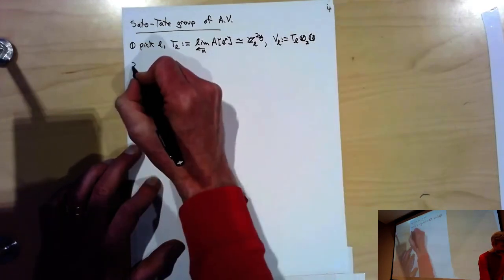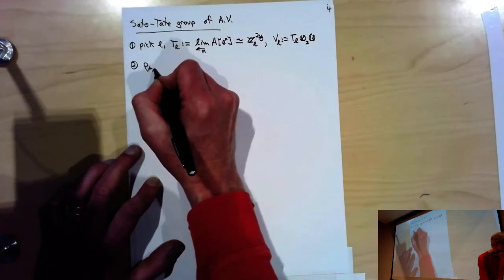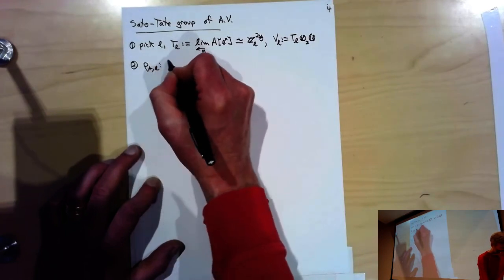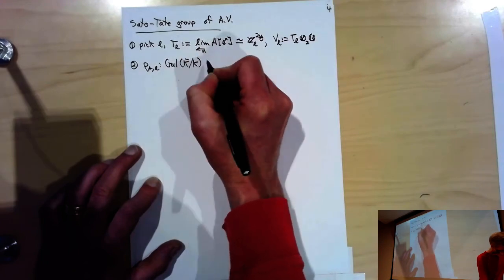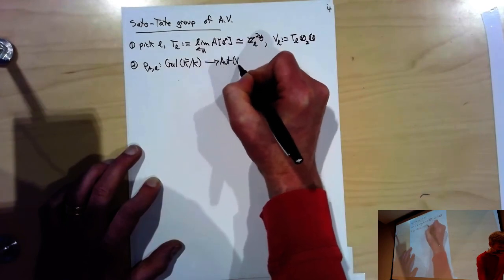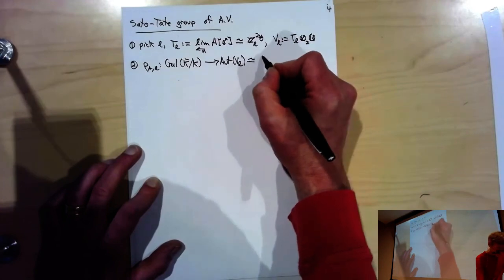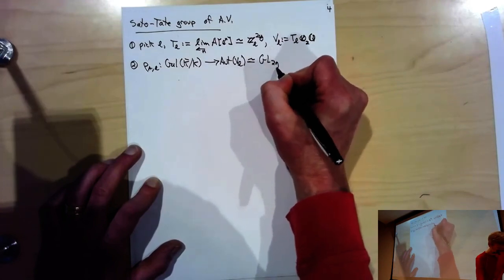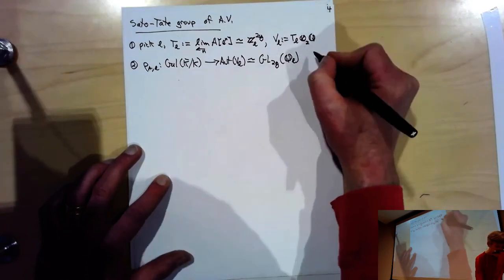Step 2, we define our Galois representation, which is given by the action of the Galois group on the Tate module. We can think of this as automorphisms of this Q_l vector space if we like. And this is going to give us something that lands in GL_2g(Q_l) a priori.